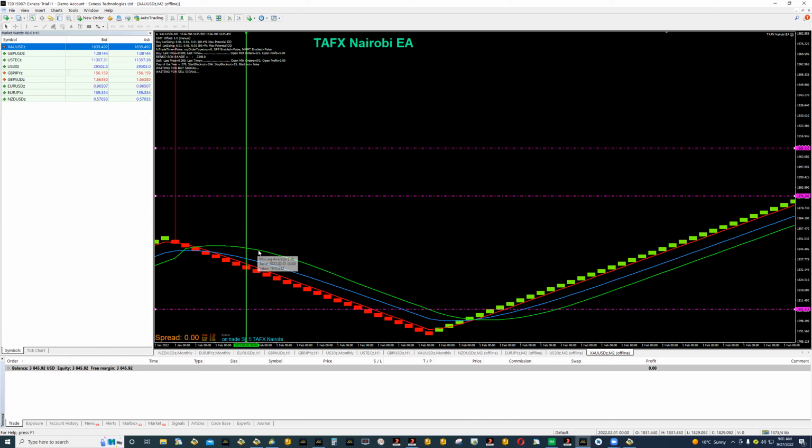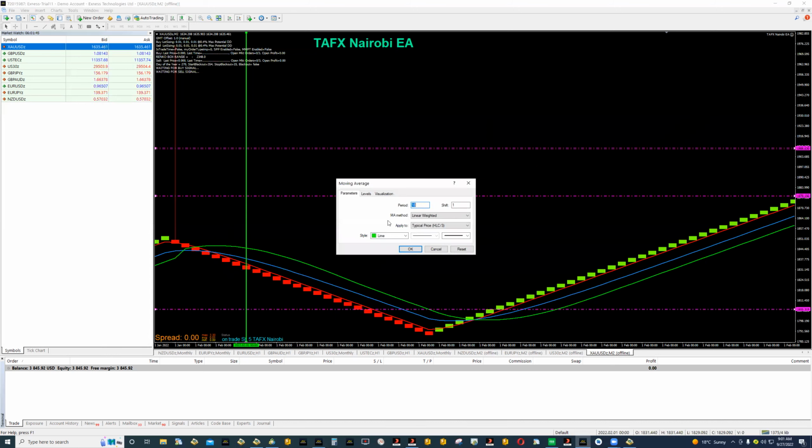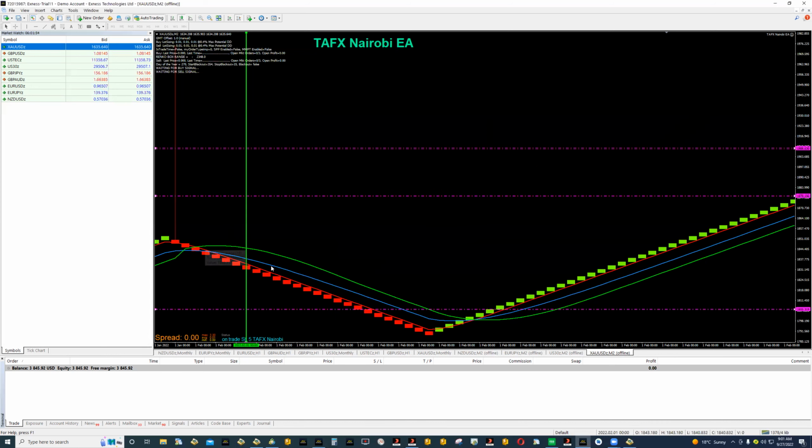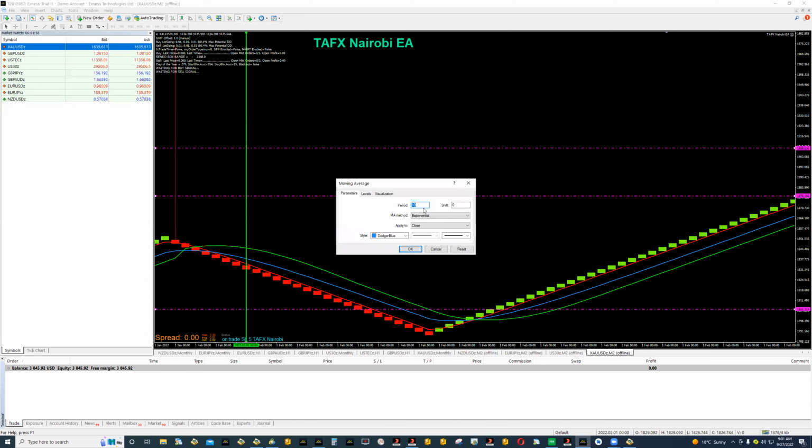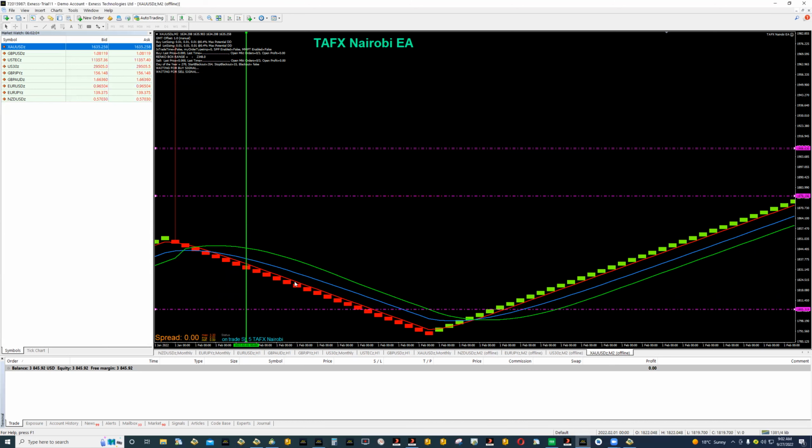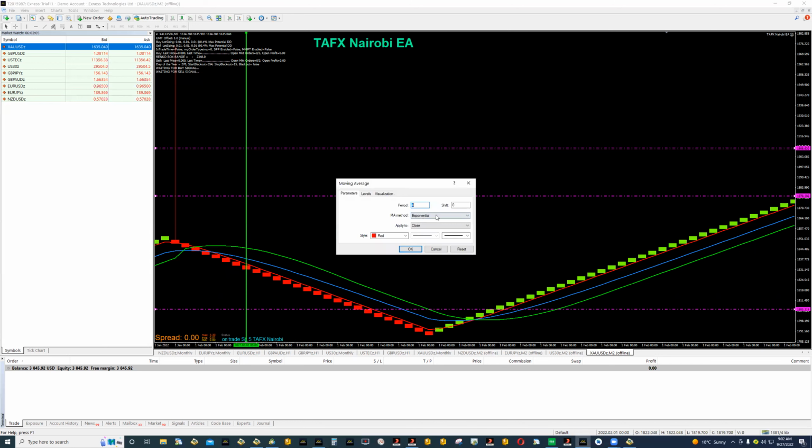Here we have our first moving average: 18, shift 1, linear weighted, typical price, and it is here. Our next moving average is moving average 10, shift 0, exponential cross, and our third moving average here is moving average 4, exponential cross, right?